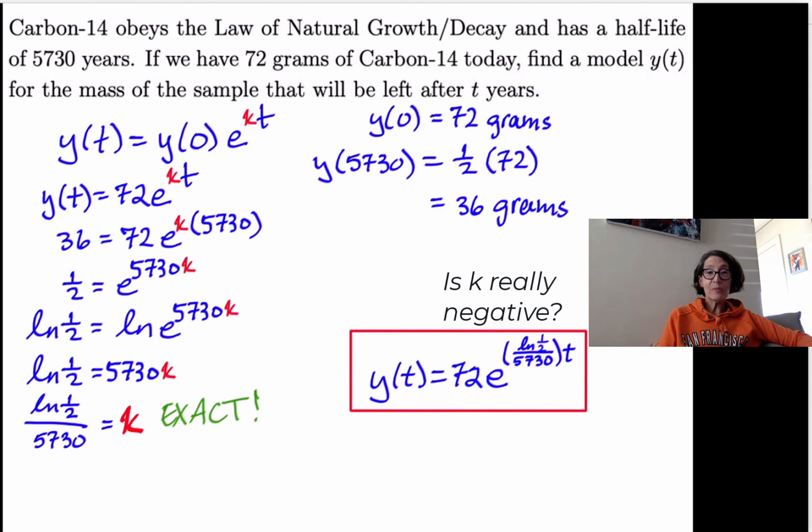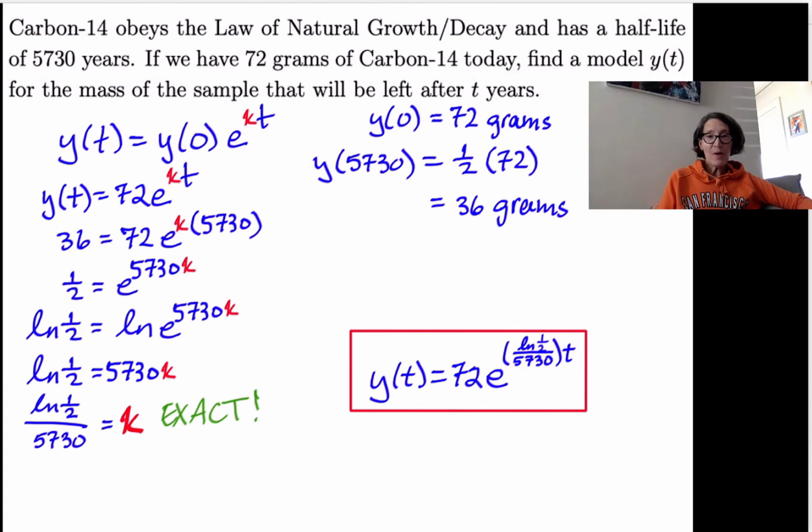I told you that this was a law of natural decay problem, and that when you have a decay function, the k in the exponent has to be negative. Well, think about the natural log function. If we look at the graph of y equals natural log of x, remember it has an x-intercept at 1.